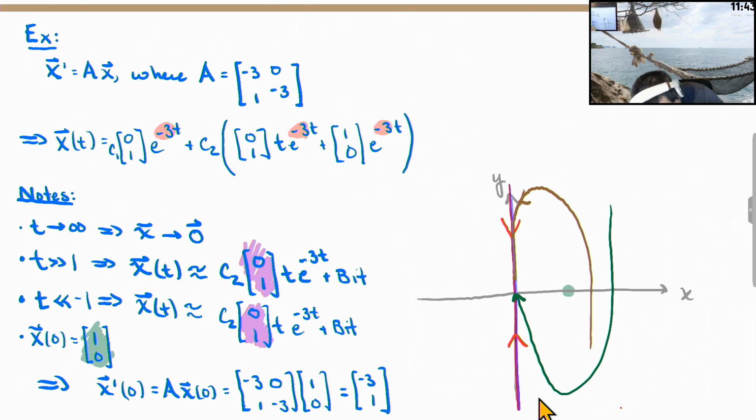So what does this orange vector represent? At time 0, where am I at? I'm at green. And x prime at time 0, that is my orange vector. And that vector is saying do I move left or right?